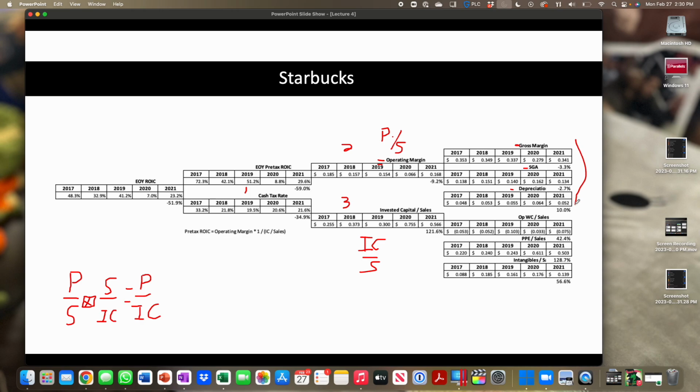And what we're going to talk about when we get to CFI, which is more advanced, is that even though depreciation is a non-cash item, sometimes in valuation we'll treat it as a cash item because it's a proxy for reinvestment. What I mean by this is that if you're losing about 5 cents a year of your equipment, then you probably need to put 5 cents back in to maintain that equipment.